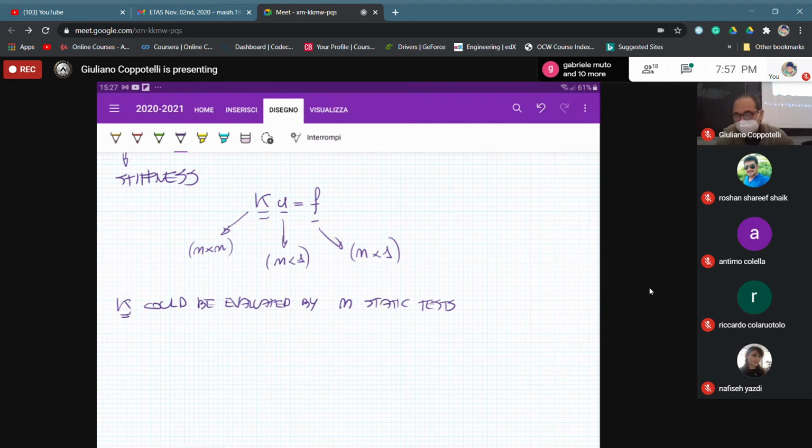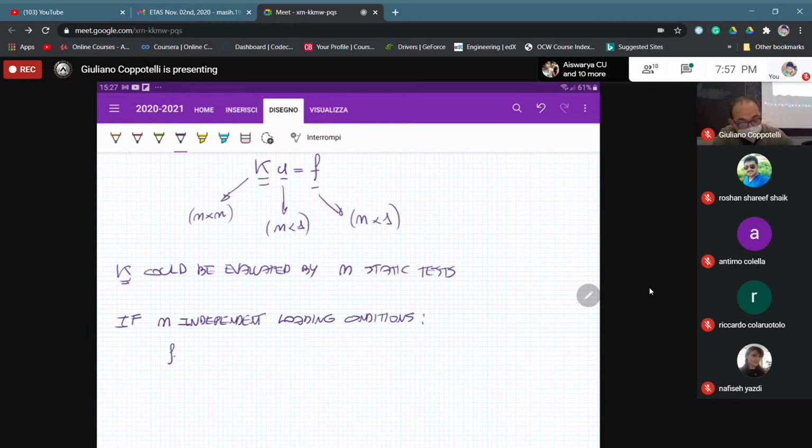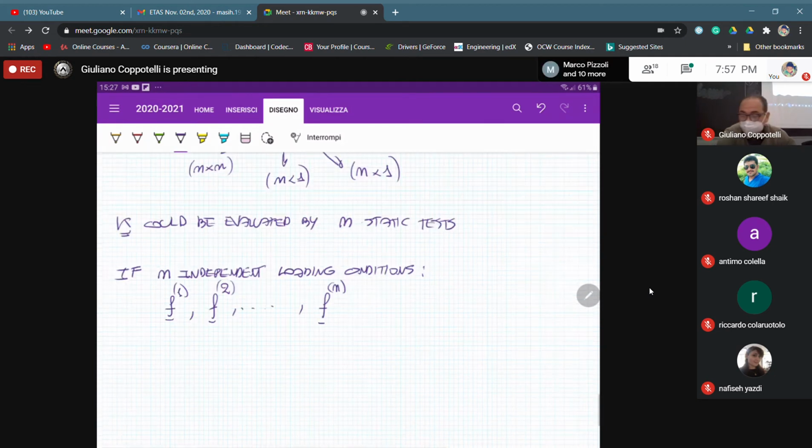Now, if we consider n independent loading conditions, and these are F1, F2, Fn loading conditions, then what we can do is just to recast these loading conditions in a matrix capital F, whose columns are those n loading conditions.